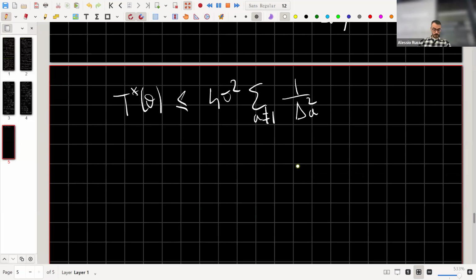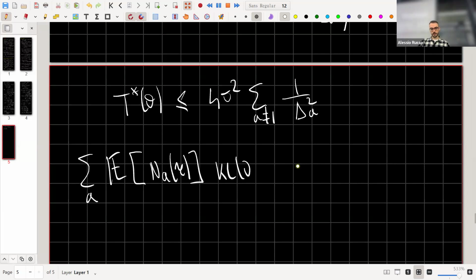And now for the lower bound, the idea is a bit different, but we should apply the data processing inequality I showed you before. So now to derive the lower bound, we basically use the idea that we used originally to derive a lower bound on the sample complexity. So if you remember, the expected log likelihood was this term here.